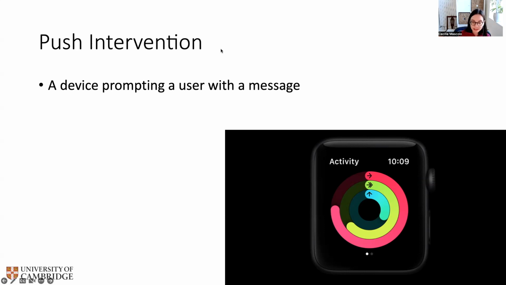Now, obviously, in commercial devices out there, the theory behind when and what message is delivered to which user and why is not clear. But there are academic studies that study these sort of problems, and that's what we will be talking about in the next few slides.